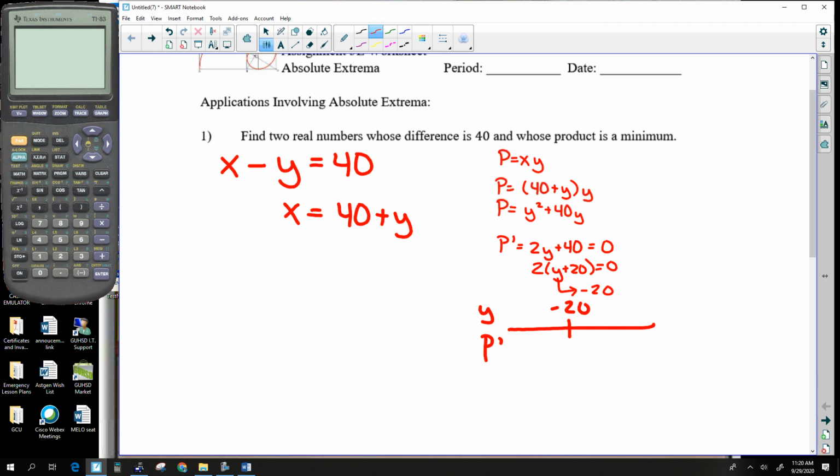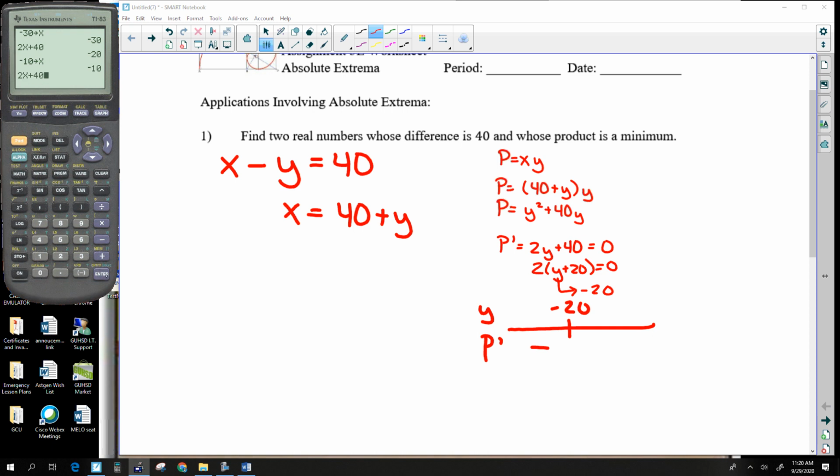So y of negative 20 is being tested on the product's derivative. Let's go negative 30 and test that in my derivative, 2y plus 40. So this is a negative, and I'm assuming this is going to be a positive above, so let's go negative 10.